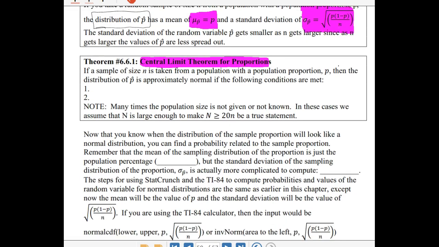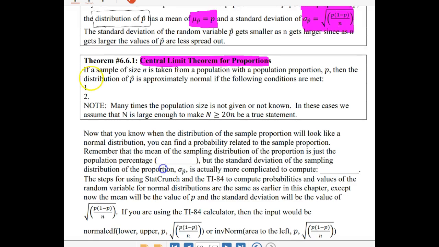Alright, so that gives us the second most amazing theorem in statistics, kind of tied for first maybe with the last section, not that qualitative data is less interesting than quantitative: the central limit theorem for proportions. If a sample of size n is taken from a population with a proportion p, then the distribution of p-hat is approximately normal if the following conditions are met.